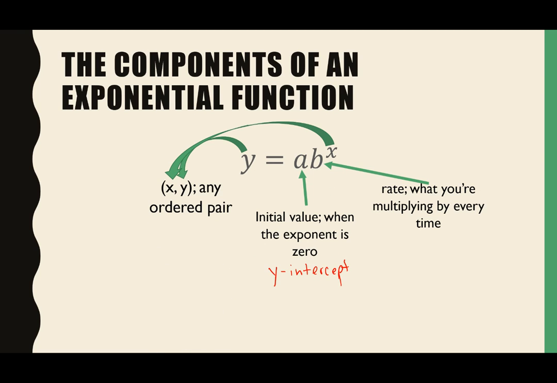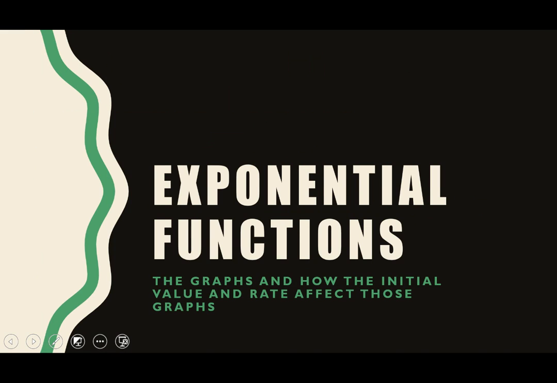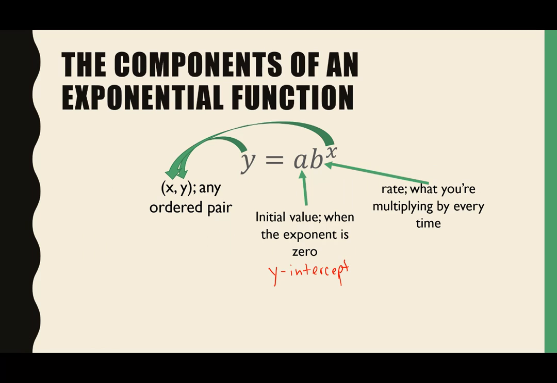So in our previous example with the bacteria, you had y equals 2 to the power of x. Okay, so I could rewrite that as y equals 1 times 2 to the power of x.